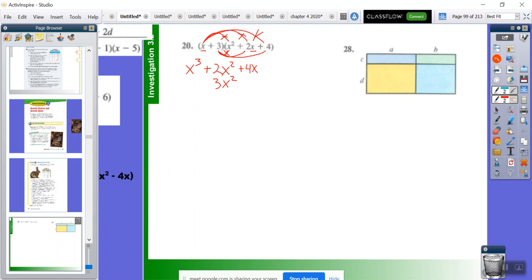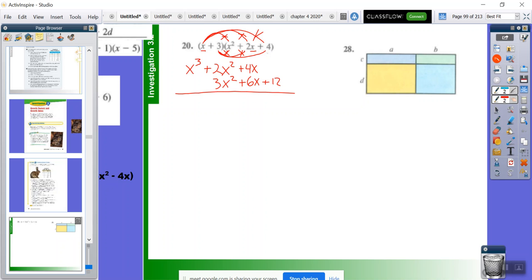And then 3 times 2x is 5x? 3 times 2 is... 6. That's an easy one to mess up on, no worries. Because you're adding the exponents, but you're multiplying the numbers. So 3 times 2x is 6x. And then 3 times 4 is 12.